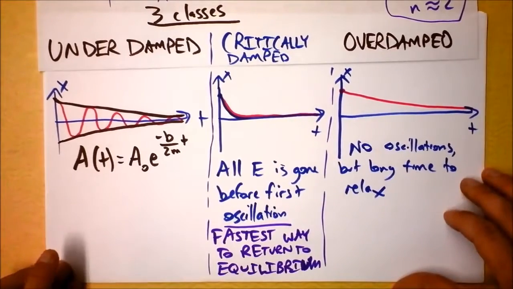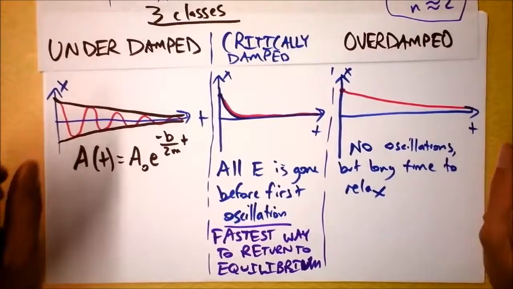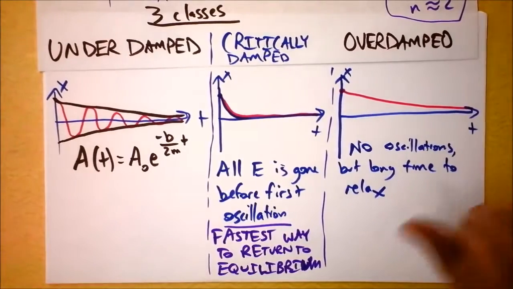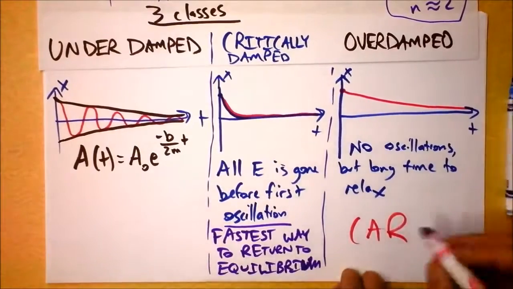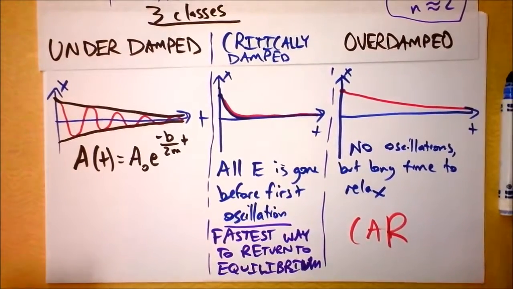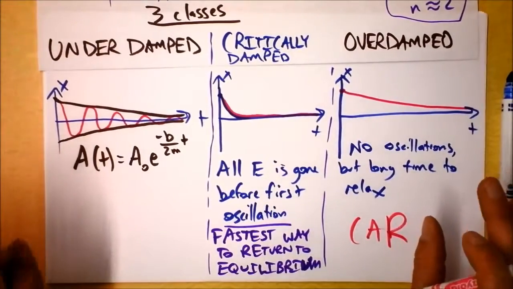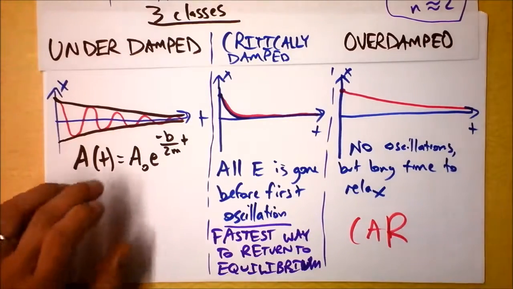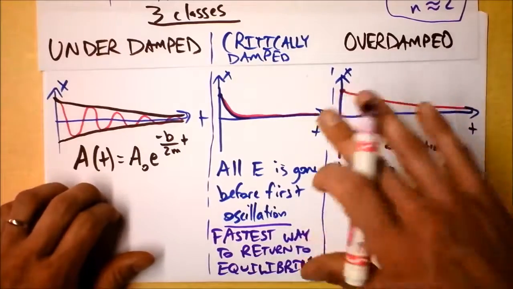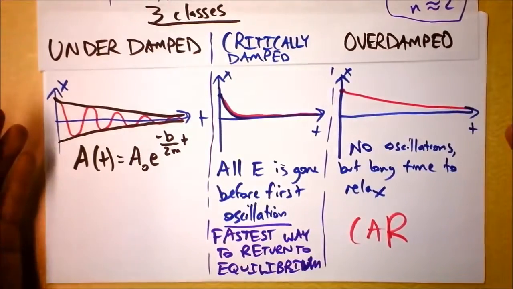Can you think of a system where you want it to return to equilibrium as soon as possible? I can think of several, but one of them is this one. When my car hits a pothole, I want it to bounce, but gradually. Imagine going in a car that's got busted shocks. That sucker is going to bounce and bounce and bounce, and that's going to be annoying, right?